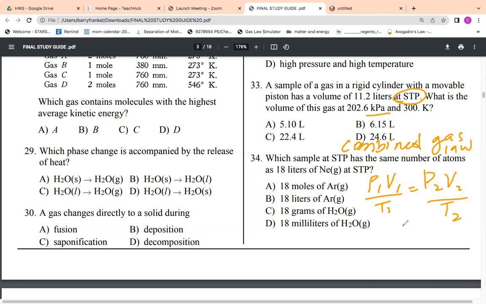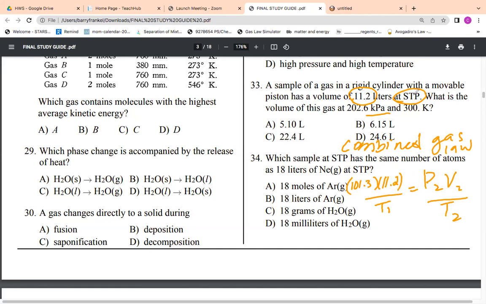So I'm just going to go ahead and plug everything in. My initial pressure is STP, so initial pressure at STP is 101.3 kPa. I'm just going to avoid units for right now because it's going to get too messy. They're telling me that my initial volume is 11.2, so I'll plug that in.